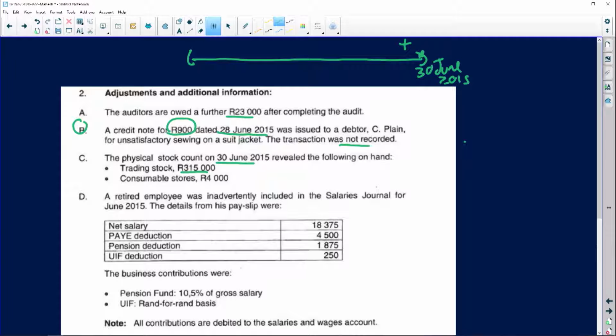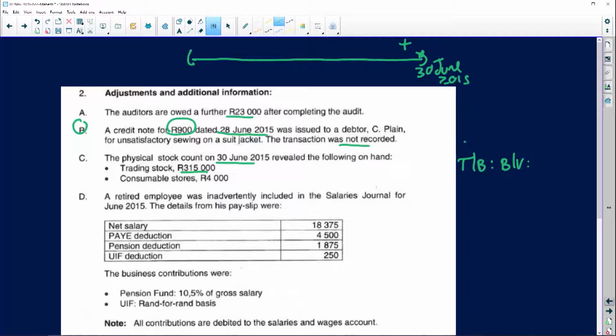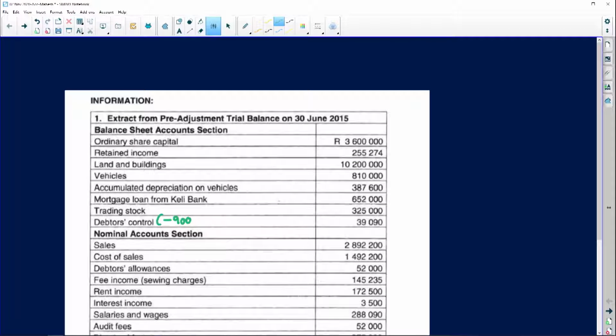So let's go to our trial balance and let's look at what is the book value of our trading stock. Now remember guys, when I say book value, according to our general ledger, how much trading stock do we have at the end of the financial year? So let's go to the trial balance. If we go to trading stock, this is our book value.